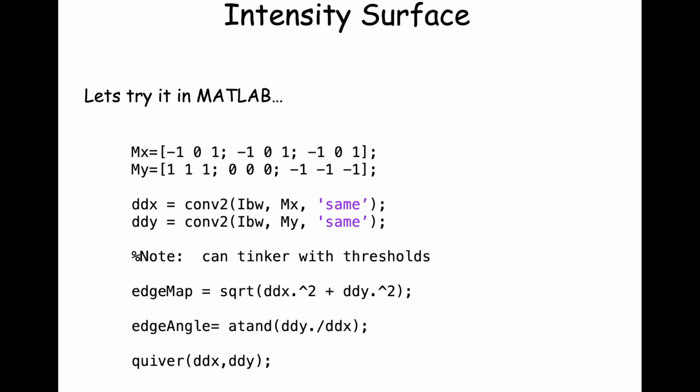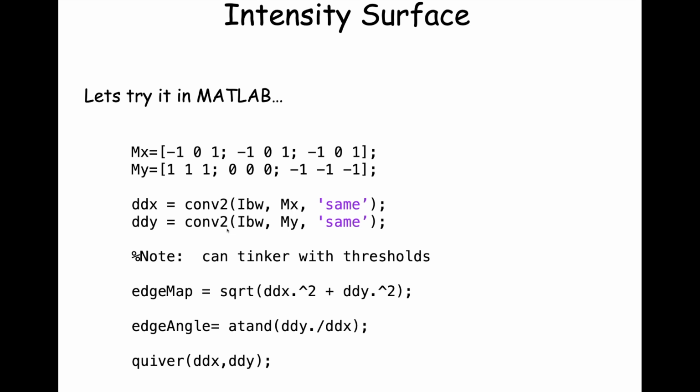We're going to do a two-dimensional convolution. We're going to take a black and white version of an image. We take this mask and we slide it along the image, then change the row, slide it along the image, change the row, slide it along the image. And so conv2 does this for you, and you just define that convolution mask for the Sobel.